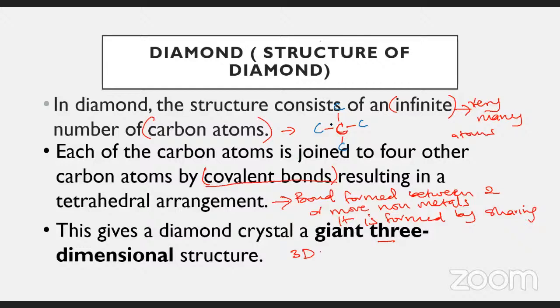So this is our carbon surrounded by other 4 carbon atoms. That is what we mean where we say that each of the carbon atoms is surrounded or joined to 4 other carbon atoms. I hope it is clear. Any questions there? If there was any question, we can repeat it.